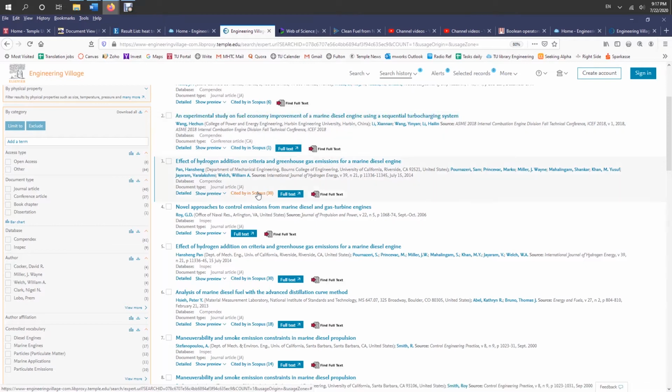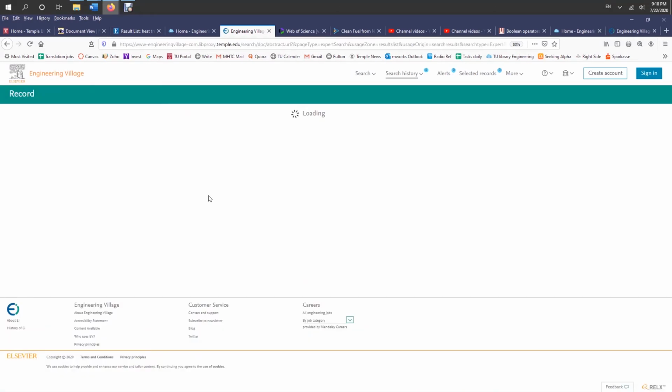Novel approaches to control emissions from marine diesel and gas turbine engines. Novel approaches. Okay, so those are new approaches to controlling emissions from marine diesel and gas turbine engines. If 3 of these approaches are comparable, they could serve as the candidate solutions. Just for fun, I'm going to click on this.